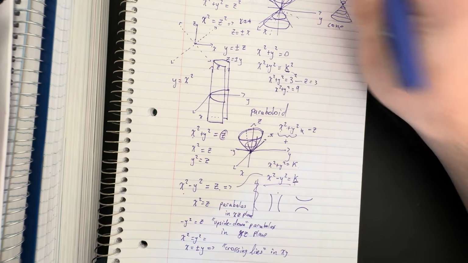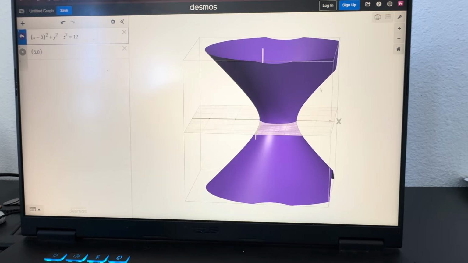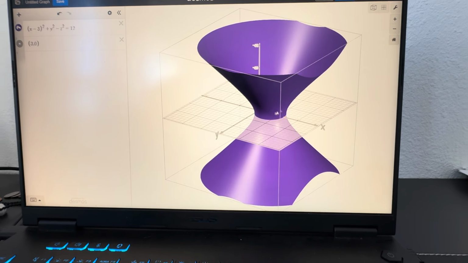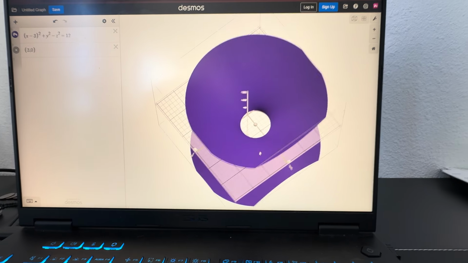So let's see this: x minus 3 squared plus y squared minus z squared equals 12. And then let's plot out the center, 3, 0. So there are our equations, and this is the one-sheeted hyperboloid we've just found. There's the center, that's at 3, 0.